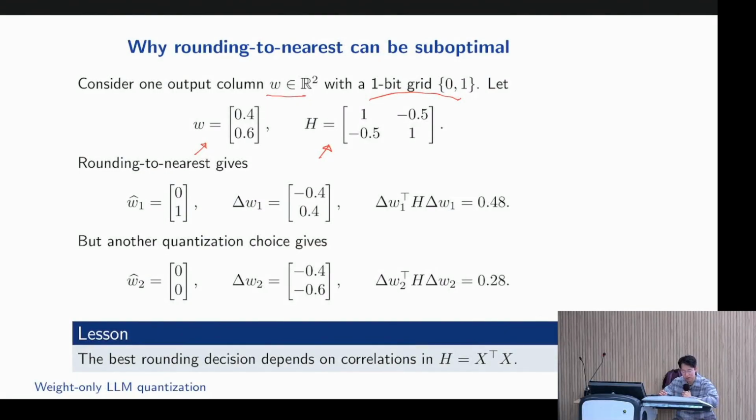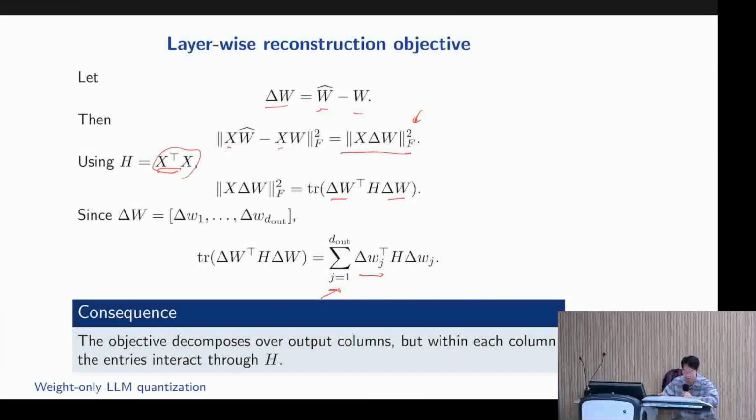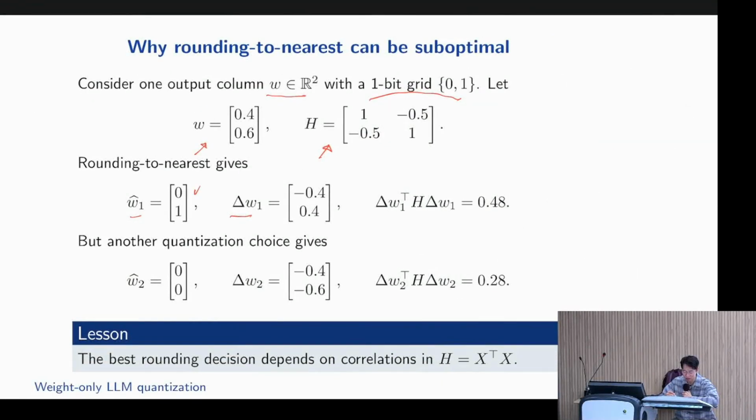If we do rounding to nearest, we have, after dequantization, 0 and 1. We're reversing the rounding. And delta W is the reconstructed version minus the original, so this minus this is this vector here. And if we look at the objective, that's 0.48.